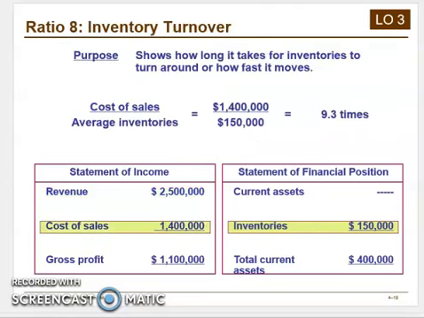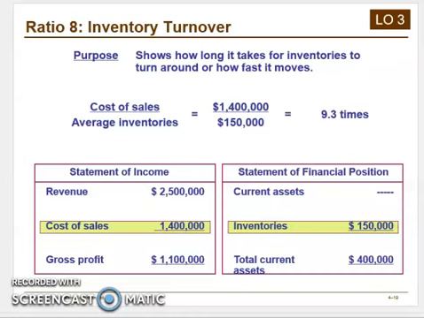Okay. Inventory turnover. The inventory that we have on hand, as you know, is 150,000. The inventory turnover shows how many times we take that whole amount of inventory that we have on hand and sell it in a given year. As you know, when inventory comes off our statement of financial position, our balance sheet, it goes to cost of sales.